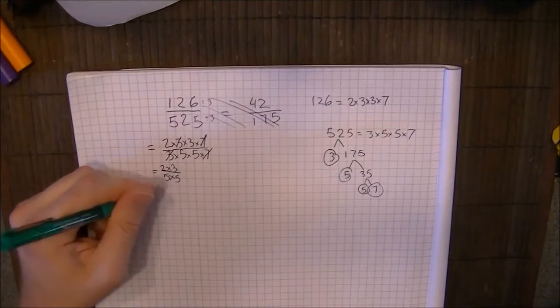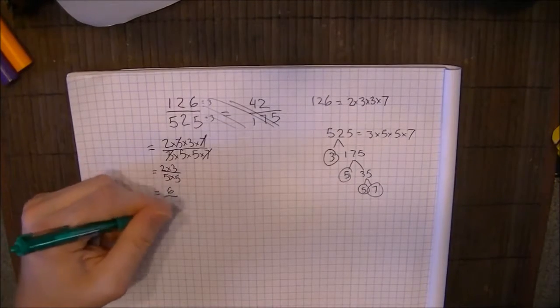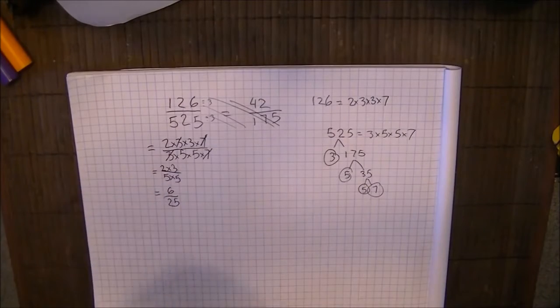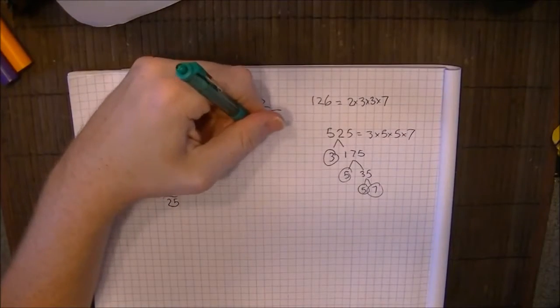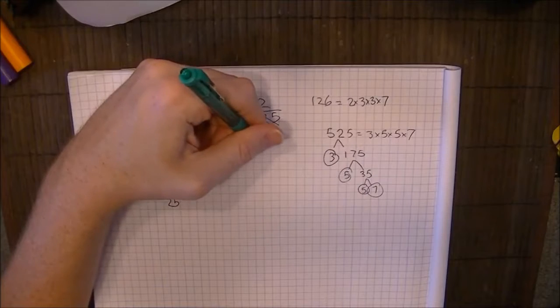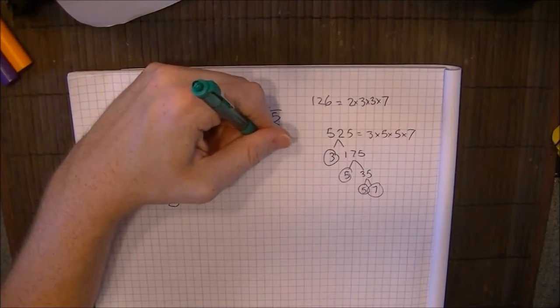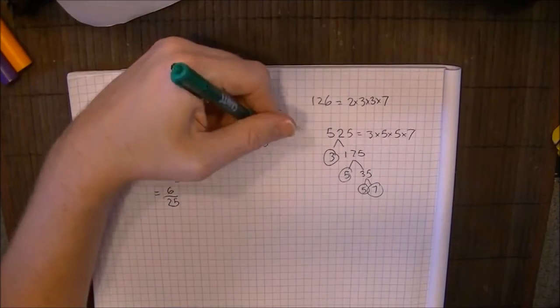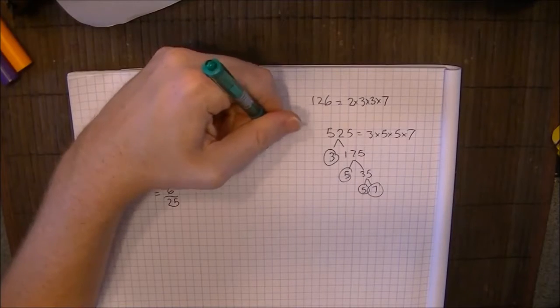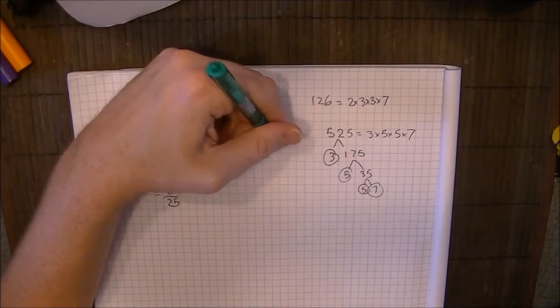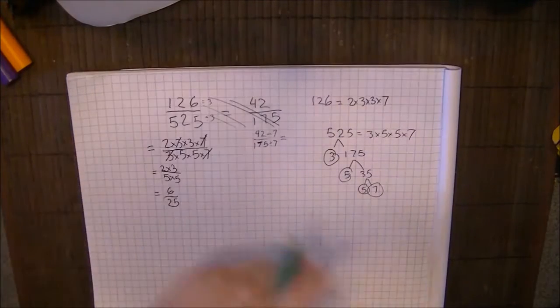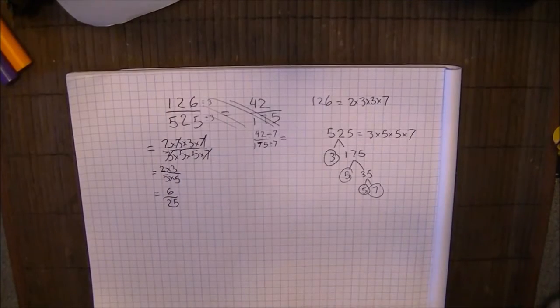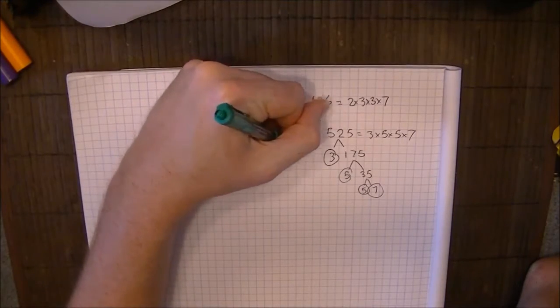2 times 3 is 6, and 5 times 5 is 25. And if we look back up at the work that we did, we had 42 over 175. I could divide numerator and denominator both by 7, which gets me 6 over 25.